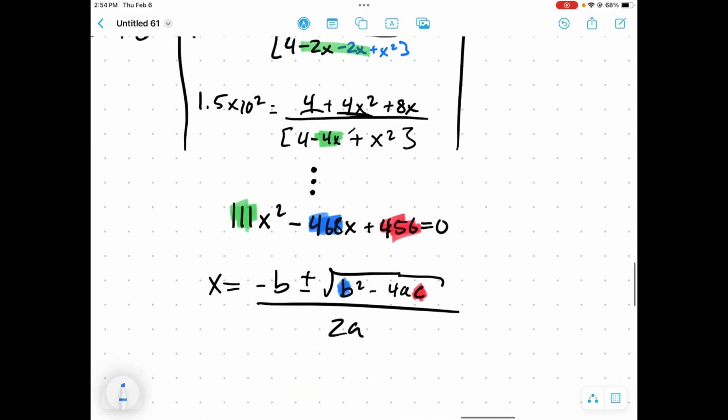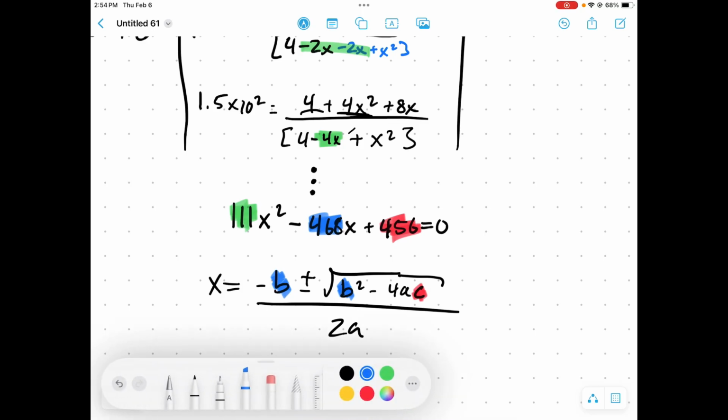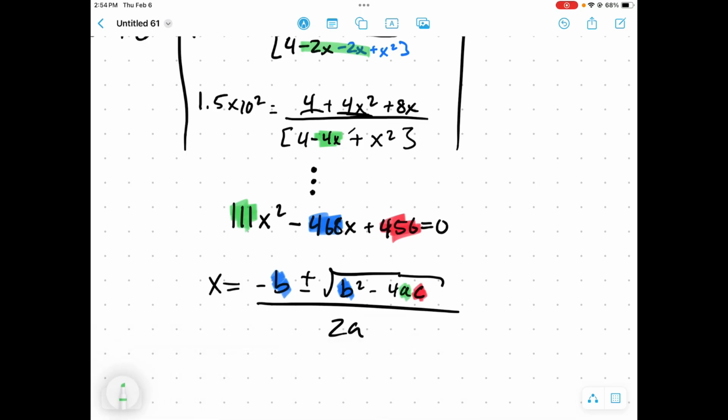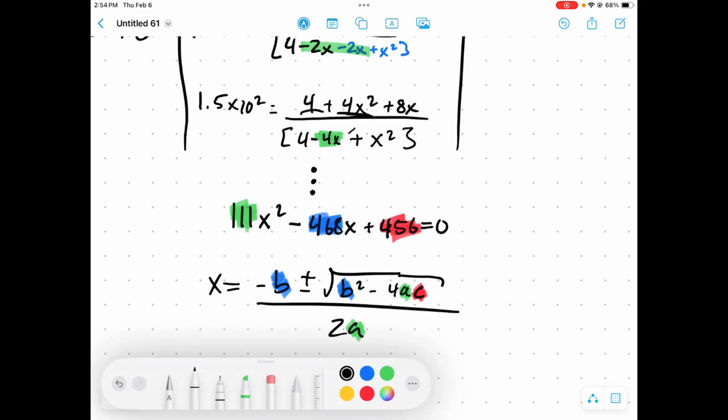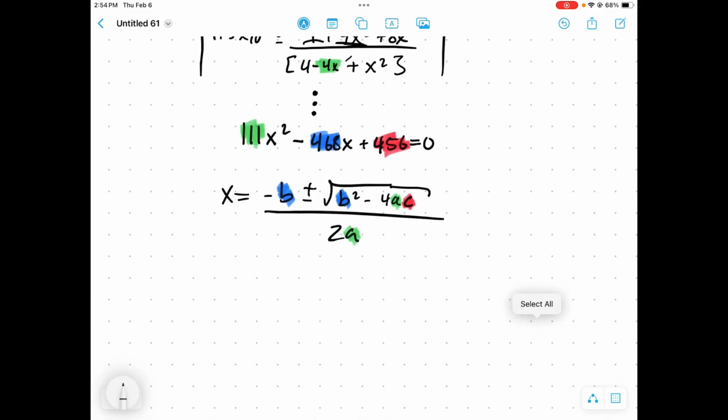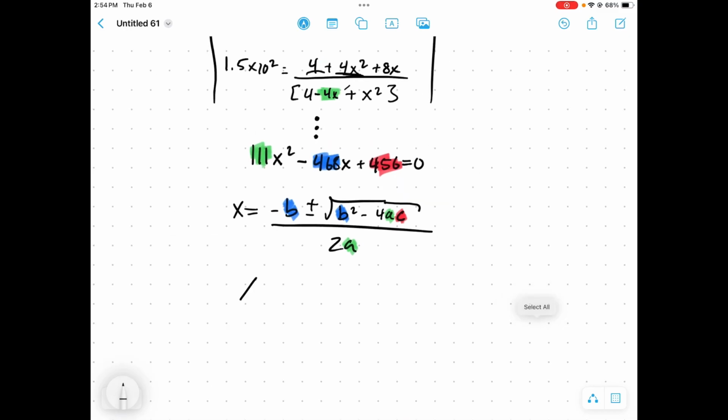So your A, your B. So it's going to look something like this. When you solve that, you can plug in and you can solve. I'm assuming you're able to do that. And we are going to get the following two numbers. We're going to get 1.5.